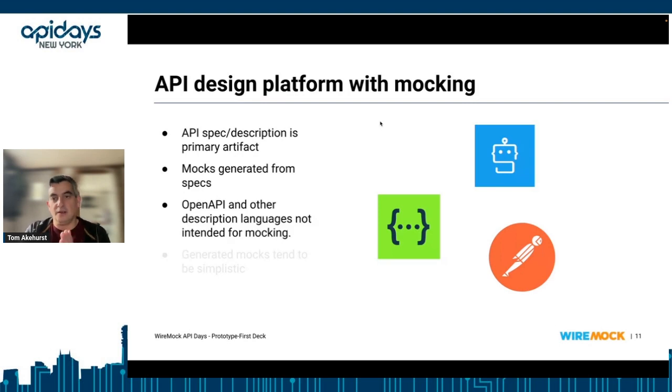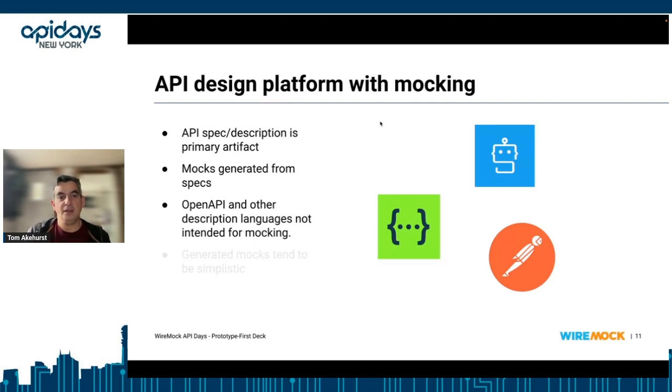But you tend to bump into the limitations of this approach fairly early on. OpenAPI and description languages like it are not designed for generating mocks from. They lack a lot of the information you need in order to represent that rich set of behavior that I was talking about before, that you can express when you're working in the native language of mocks.